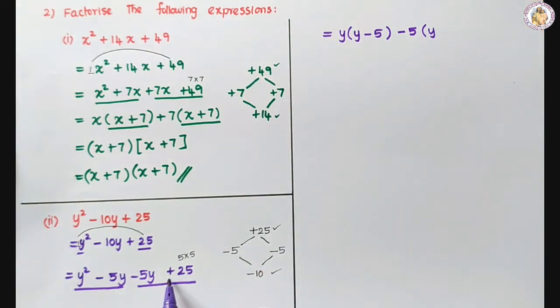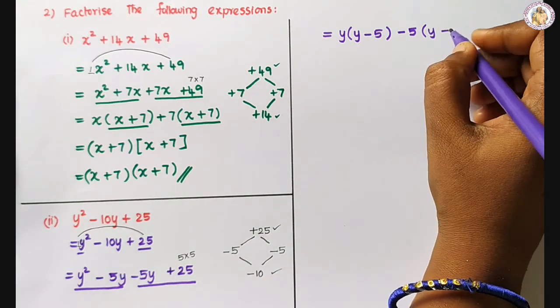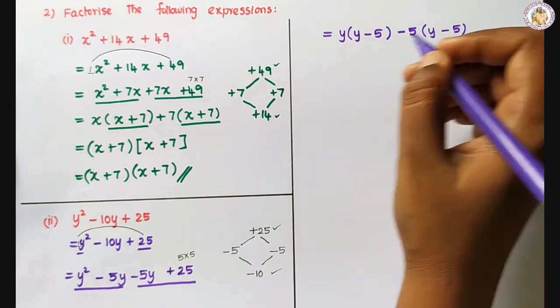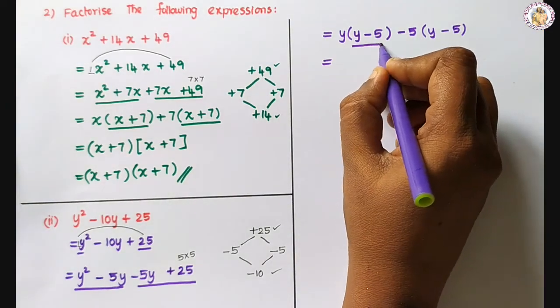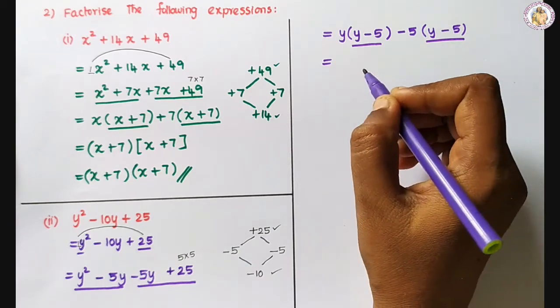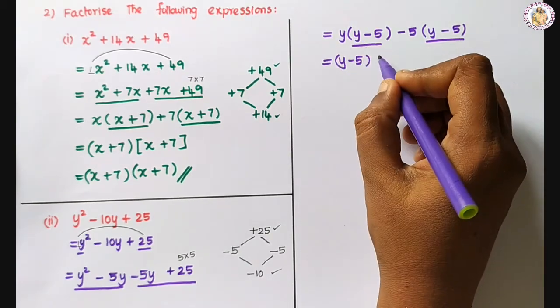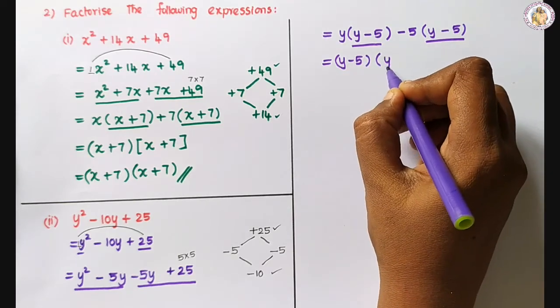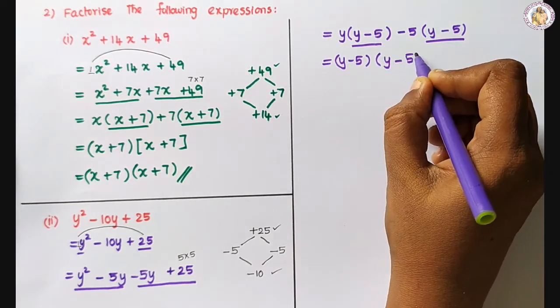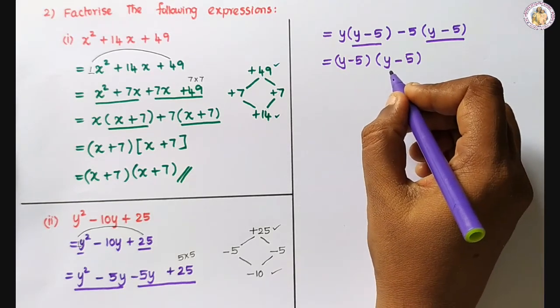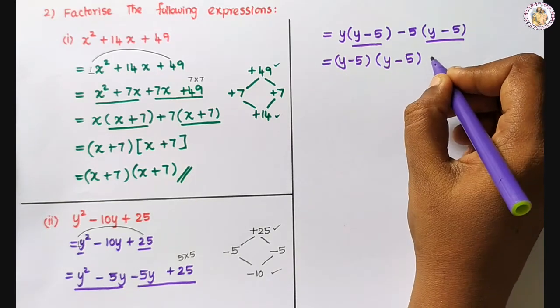Since minus is taken out, the numbers change their sign, so it becomes minus 5. Now in both terms y minus 5 is common, so take out y minus 5. What remains? y here, minus 5. So (y minus 5)(y minus 5) is the answer.